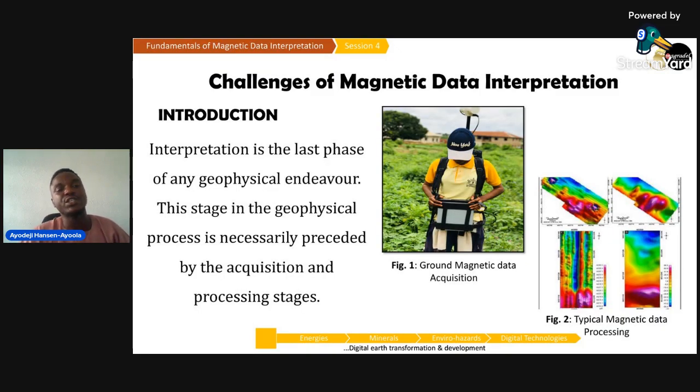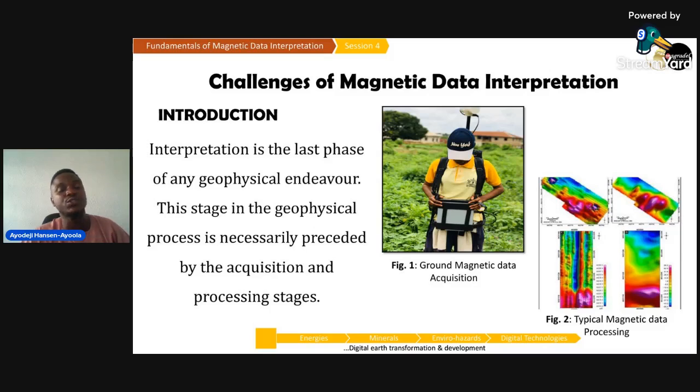So interpretation, if you're familiar with geophysics, is the last stage of the geophysical endeavor. Geophysics generally proceeds in three stages. We have the acquisition stage, the processing, and then the interpretation stage. So again, interpretation is the last phase of any geophysical endeavor.